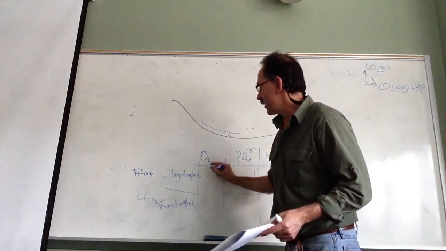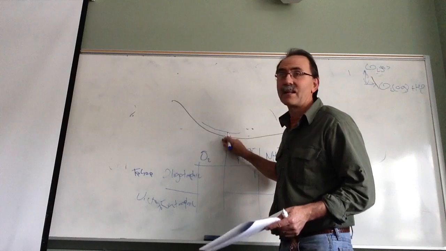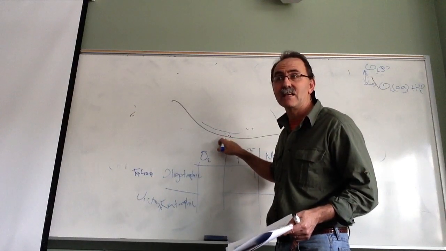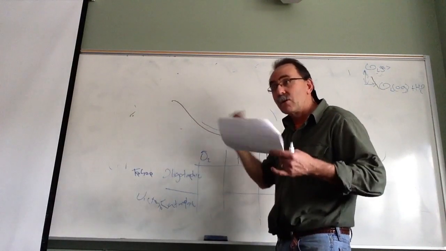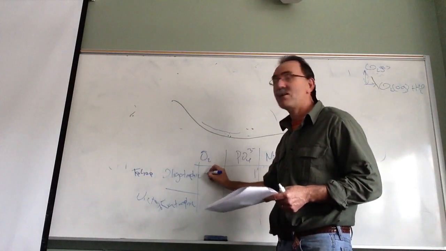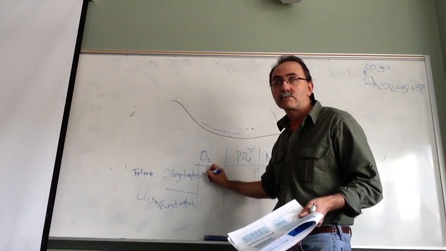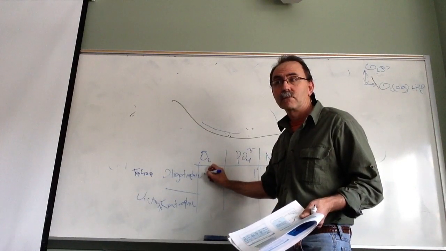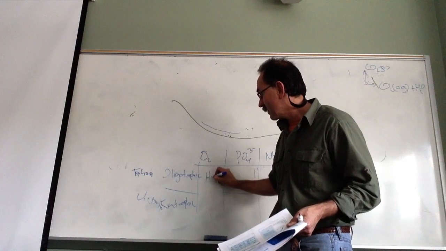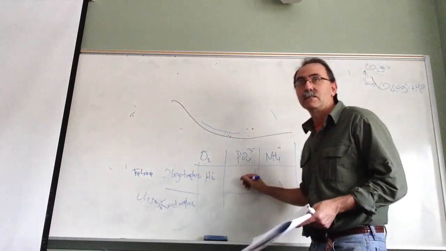Okay, oligotrophic. First of all, our oxygen over here. There's very little benthic activity in terms of consumption of organic material. So we'd expect our oxygen here to be what? High, yeah. Okay. Phosphates.